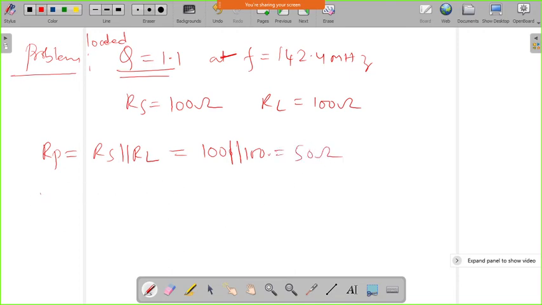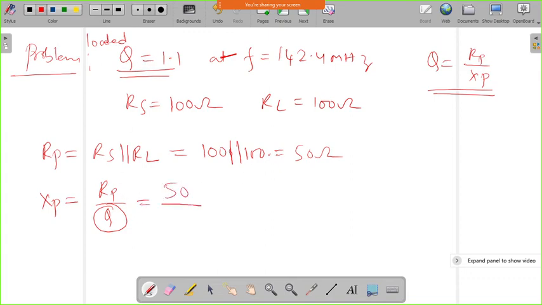Now you can calculate Xp. Xp is given by Rp by Q. Now we need the loaded Q, which is 1.1. So Rp is 50 and the loaded Q we want for our design is 1.1.